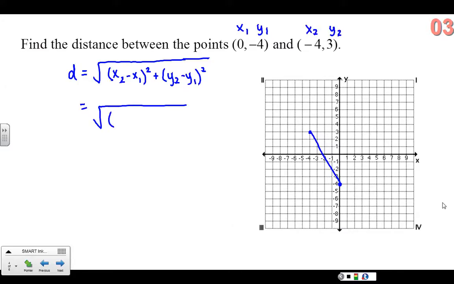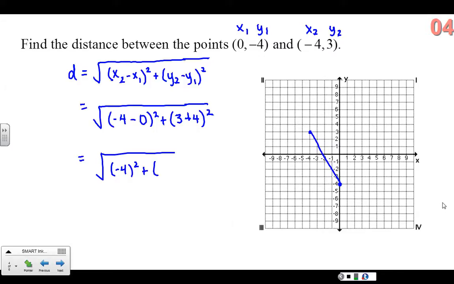So x2 is going to be negative 4 minus x1, which is 0. y2 is 3 minus negative 4, which will actually be plus 4. 3 minus a negative, so it's going to be plus 4 squared. So negative 4 minus 0 is just negative 4 squared. 3 plus 4 is 7 squared.